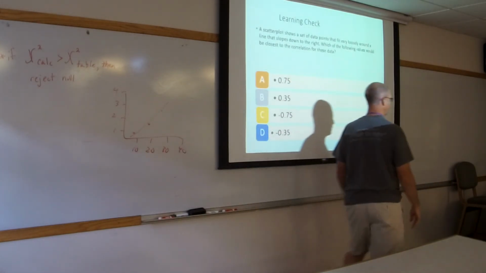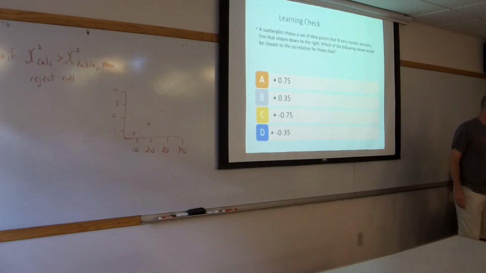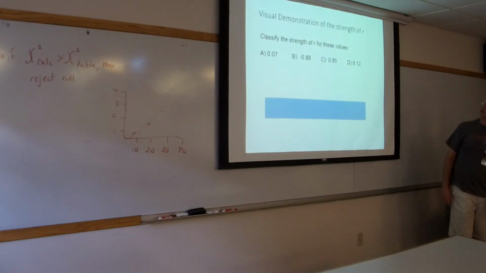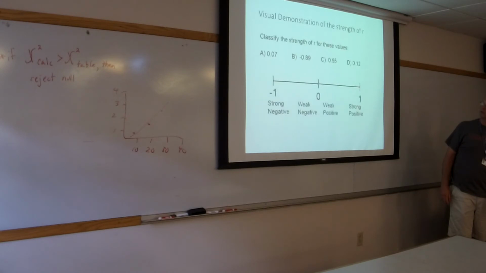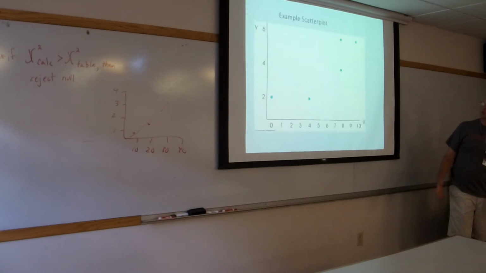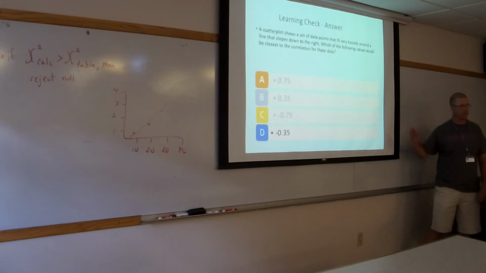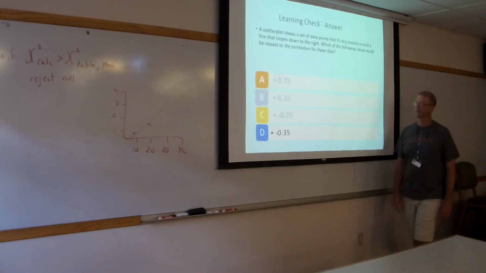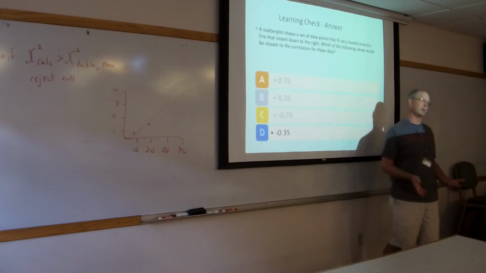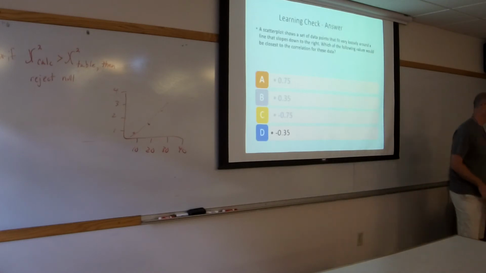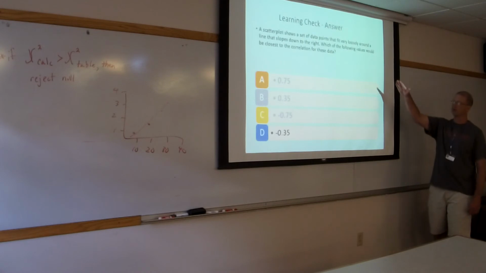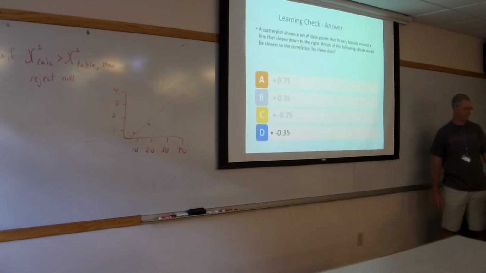If you go back to that little scale, the closer you get to -1, the stronger the correlation. So if it's a loose or weak correlation, down to the right, you're going to get -0.35. Again, it's helpful to actually have the data points, not the words. But you see it in the question. You want to be thinking, which way is it? Is it getting bigger or smaller from left to right? Where do I go with it?